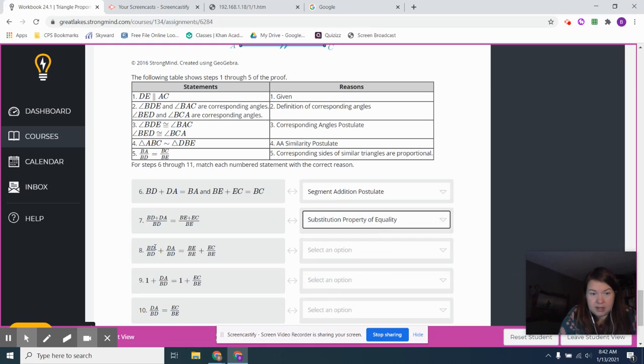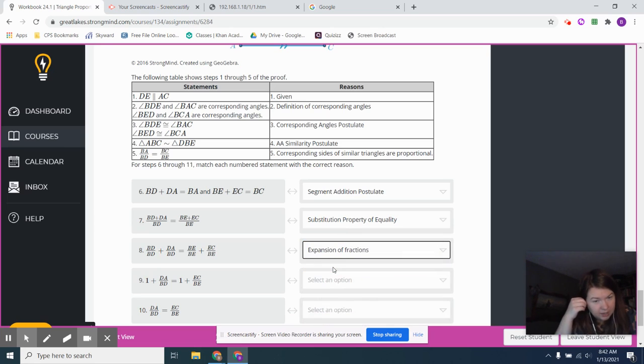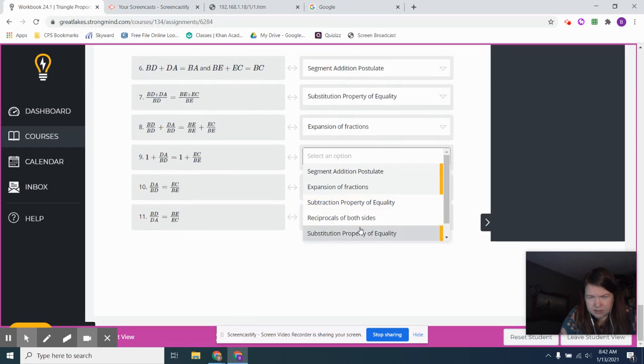And then we split it up so that both of these things were divided by BD and both of those things were divided by BE. So that is expansion of fractions. And then you can see that BD divided by BD is 1. So that was simplifying of fractions.